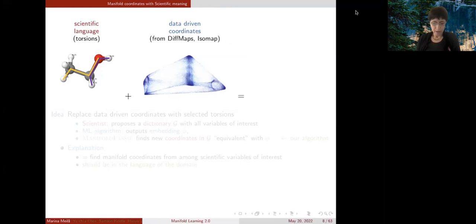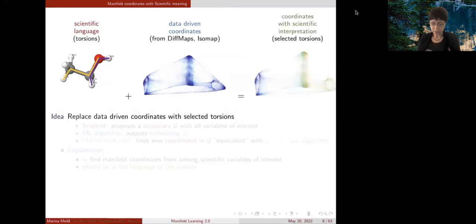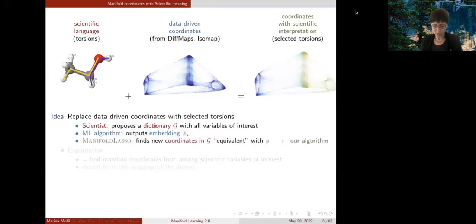Okay, so the scientists can introduce their scientific language and say, hey, it's not the coordinates that matter, it's the torsions. In that case, we can formulate our problem as saying: give me a dictionary of all torsions that could conceivably represent coordinates for this abstract manifold.